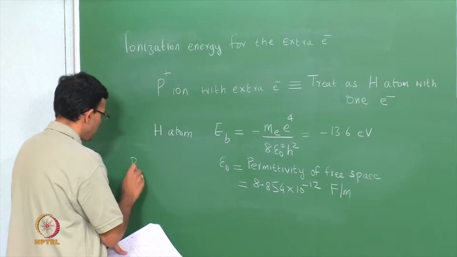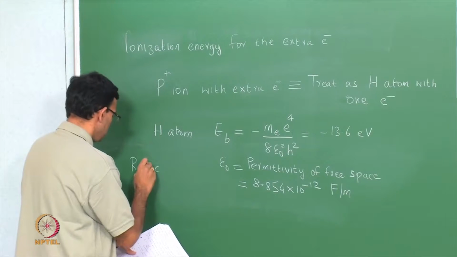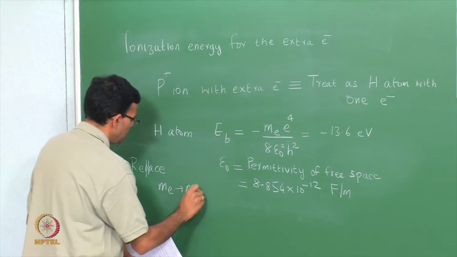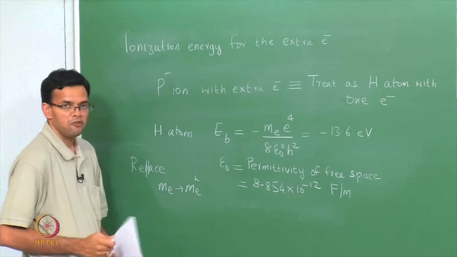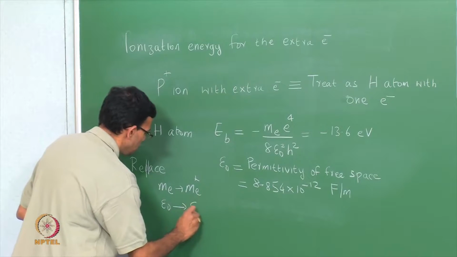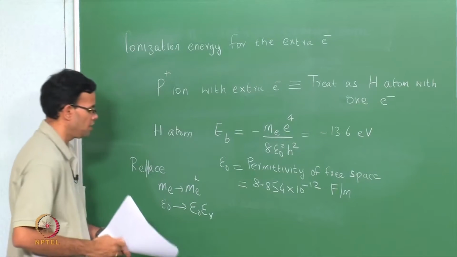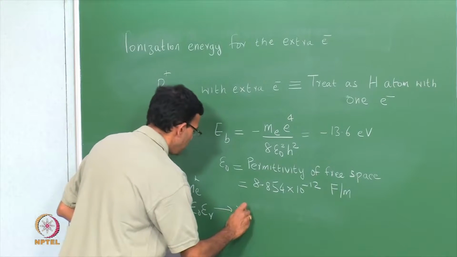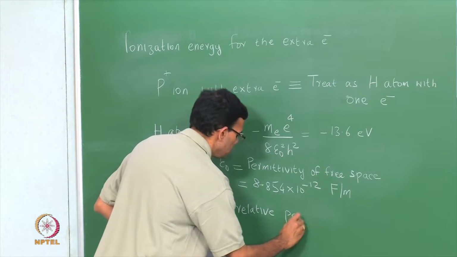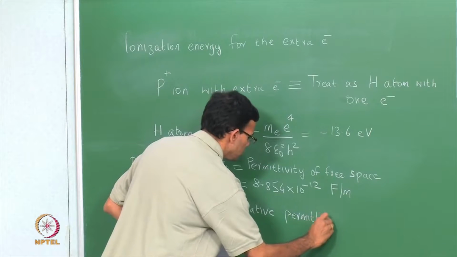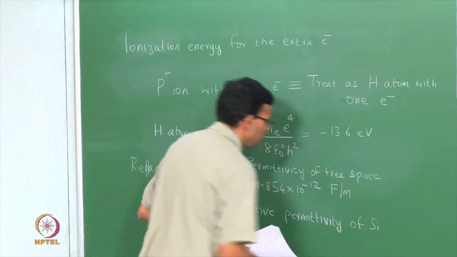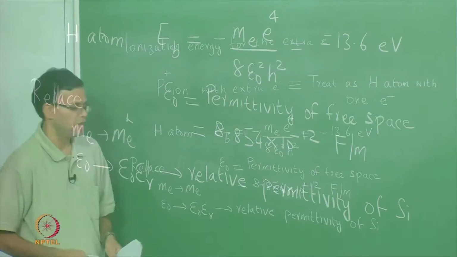So, we will replace m e by m e star, which is the effective mass of the electron in silicon, and we will replace epsilon naught by epsilon naught epsilon r, where epsilon r is the relative permittivity of silicon. So, let me rewrite this expression again.